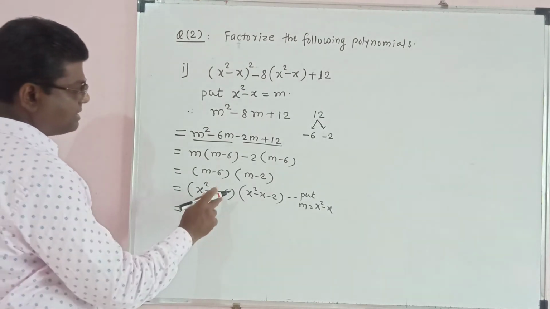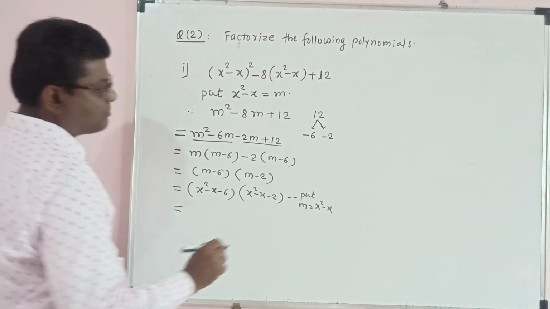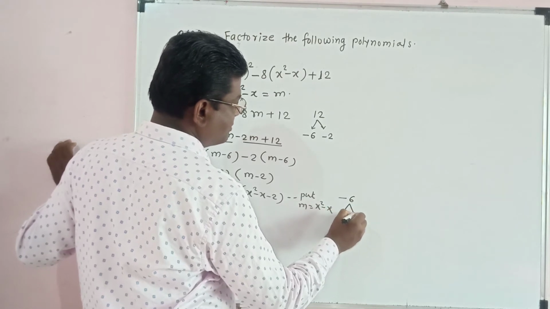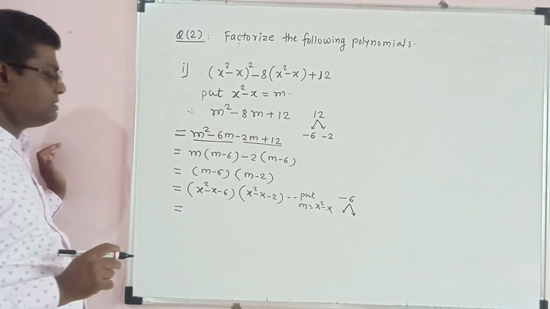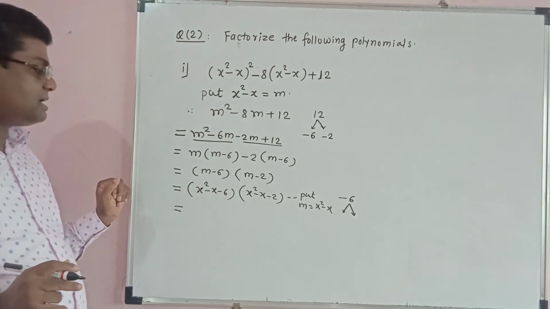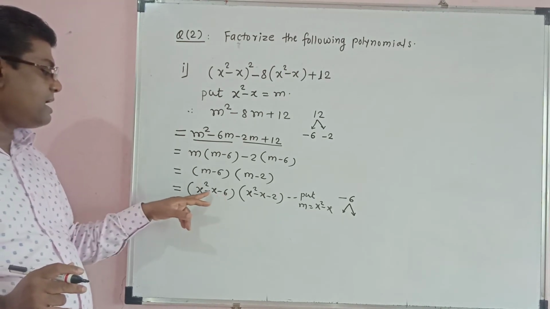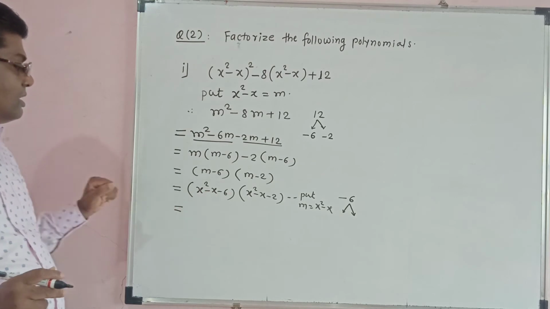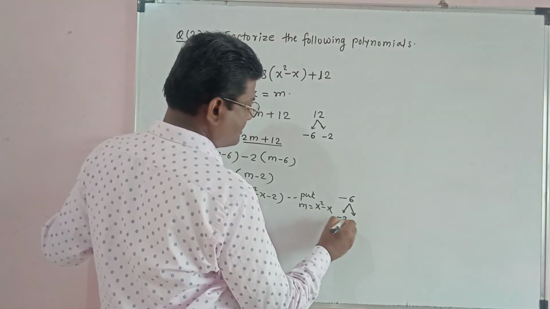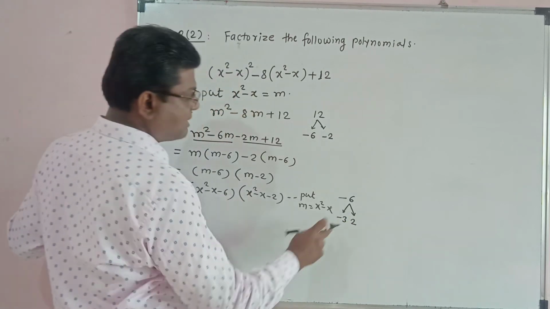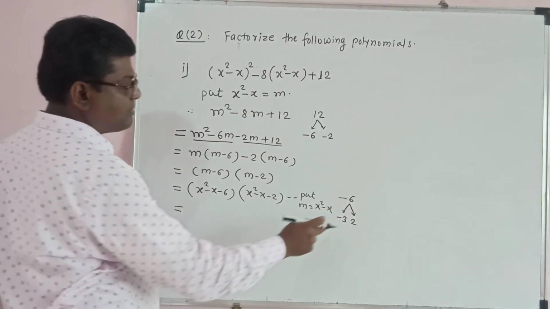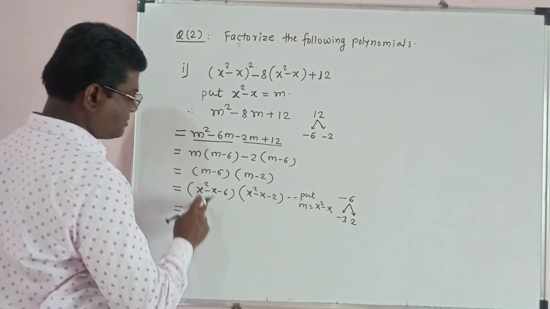In this bracket this number is minus 6, and we have to split up this number minus 6 such that their multiplication is minus 6 and the sum is minus 1. So numbers are minus 3 and 2. Minus 3 into 2 is equal to minus 6, and minus 3 plus 2 is equal to minus 1.